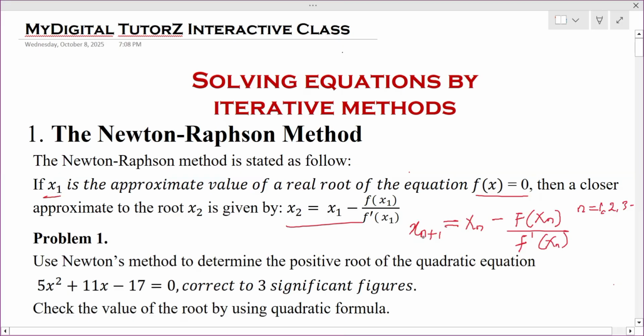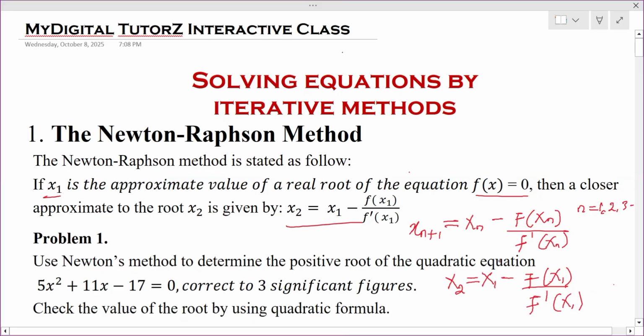That is to say, if n is equal to 1 here, I'm going to have x2, that is x1 plus 1, equal to x1 minus f of x1 all over f prime of x1, and so on. If n is 2, I'm going to have x3 equal to x2 minus f of x2 all over f prime of x2.